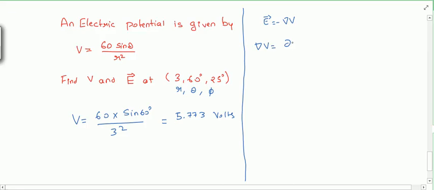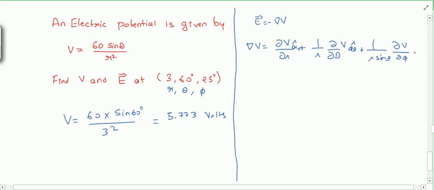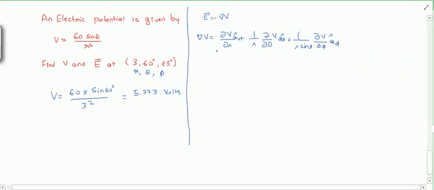It is del V by del R, plus 1 by R del V by del theta, plus 1 by R sine theta del V by del phi, and I must not forget that unit vectors are also there: a theta and a phi. So this will be the formula for the gradient.